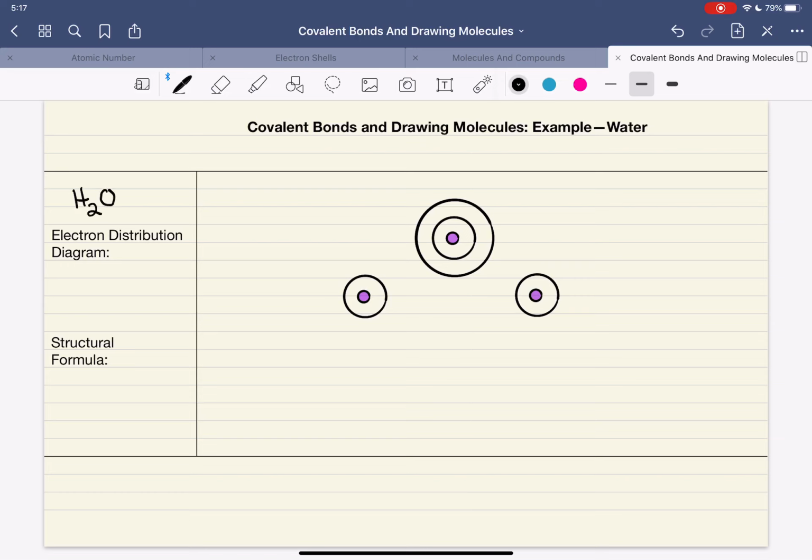First, it has 1 oxygen atom, and if you remember, oxygen is atomic number 8, which means that it has 8 protons and 8 electrons. So the first thing we're going to do is distribute those electrons for oxygen.